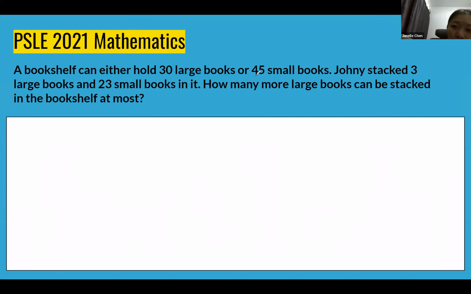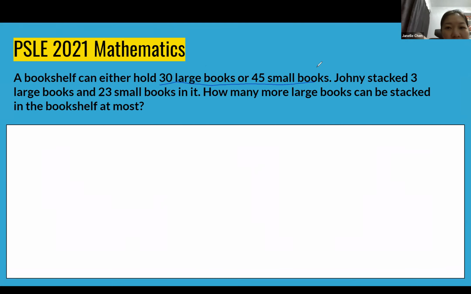This one is a 2021 maths question that appeared in the PSLE. So this one is easier. It's a 3-mark question. A bookshelf can either hold 30 large books or 45 small books. When you see something like that, the first thing I will do is I'll write this: 30 large books is equal to 45 small books.